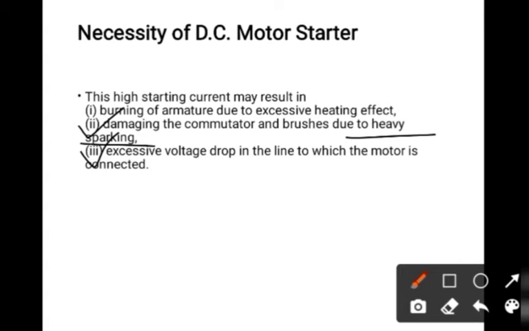The third effect is excessive voltage drop in the line to which the motor is connected, produced due to the heavy armature current.